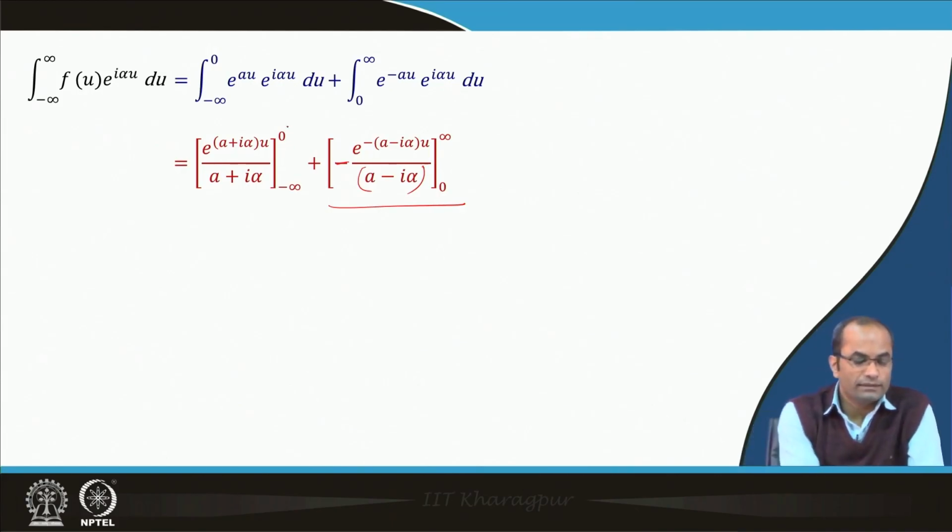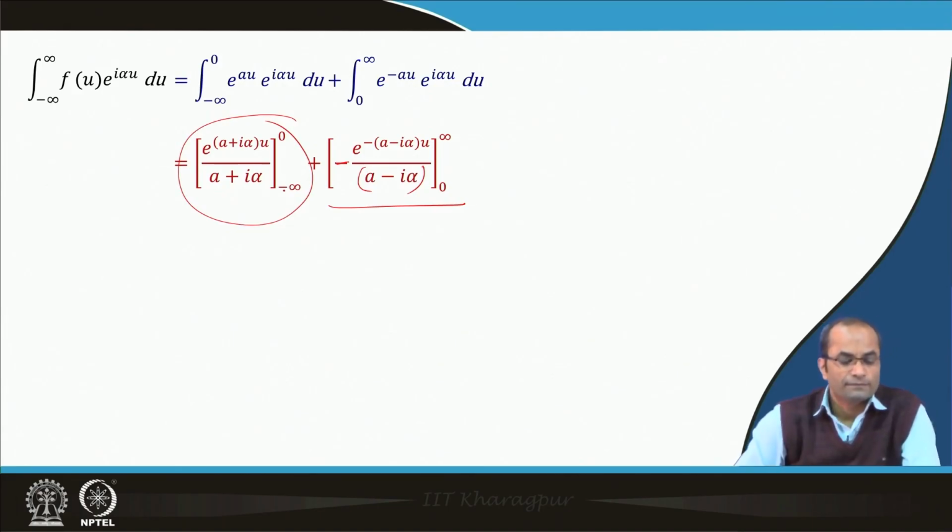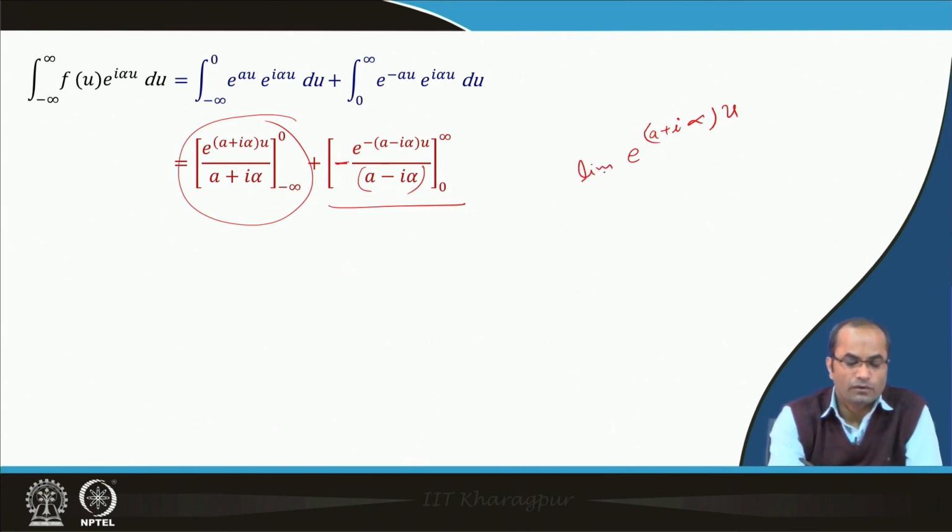So, if we look at this first one, when we put u equal to 0, we have e power 0, so this will be 1 over (a plus i alpha), and then we take the limit minus infinity. So, we have e power (a plus i alpha) u, and the limit of u is going to minus infinity.